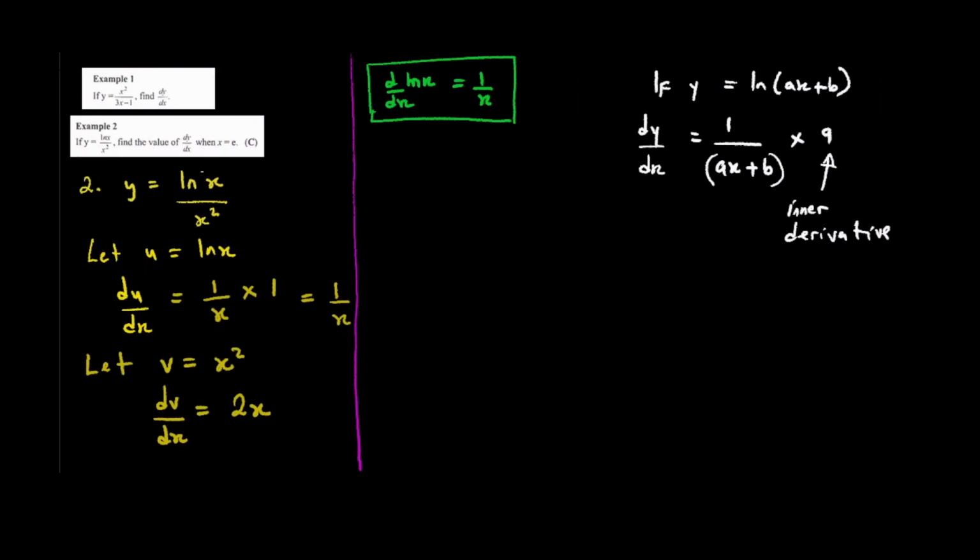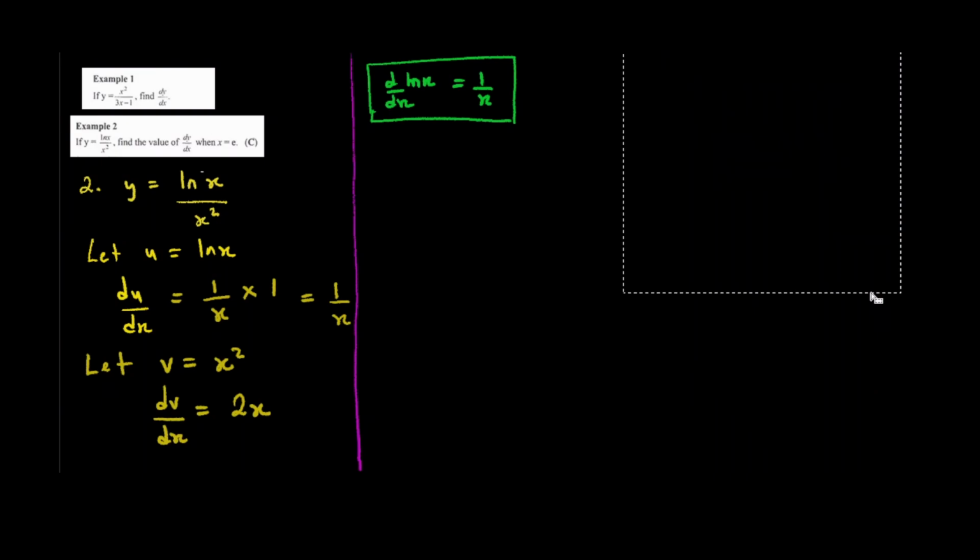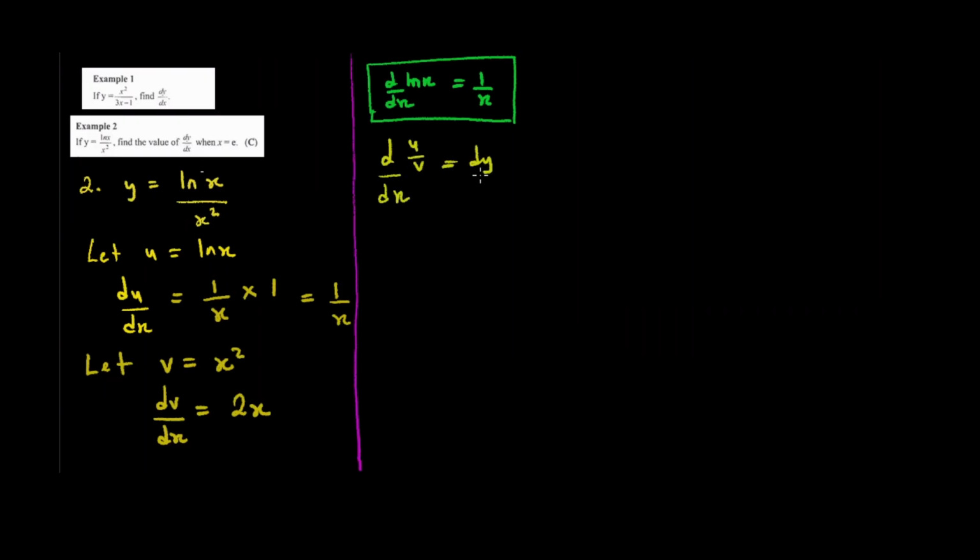We already know that the derivative of u over v, dy dx, is equal to, always start with v. Why? You can Google it out. v du dx, subtract u dv dx, over v squared. Simple substitution.